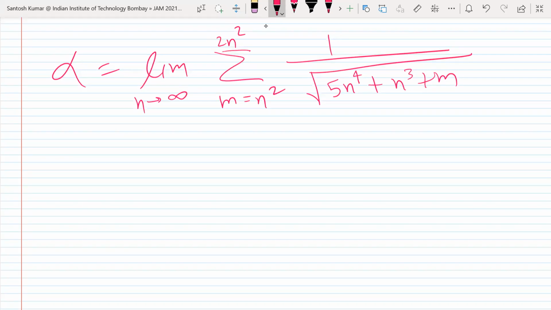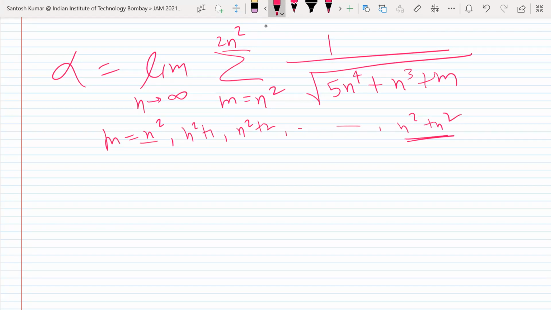For this type of question, we can use the sandwich theorem, the squeeze theorem. So m starts from n square and goes till 2n square. So how many terms does it have? M can take values n square, n square plus 1, n square plus 2, and up to n square plus n square.